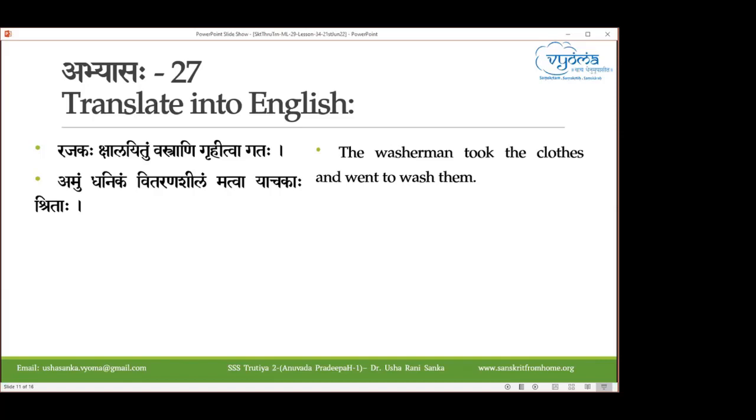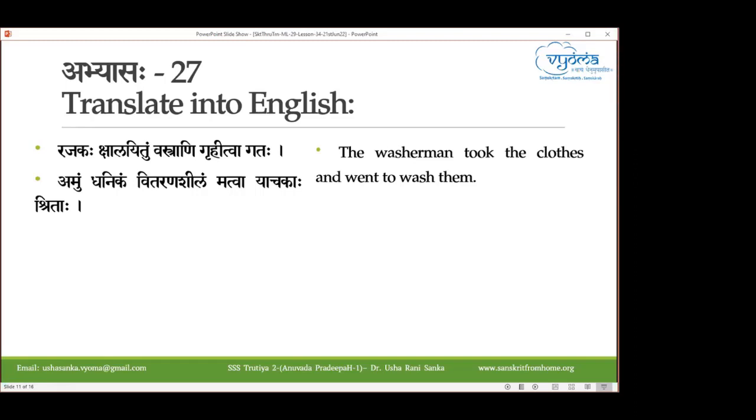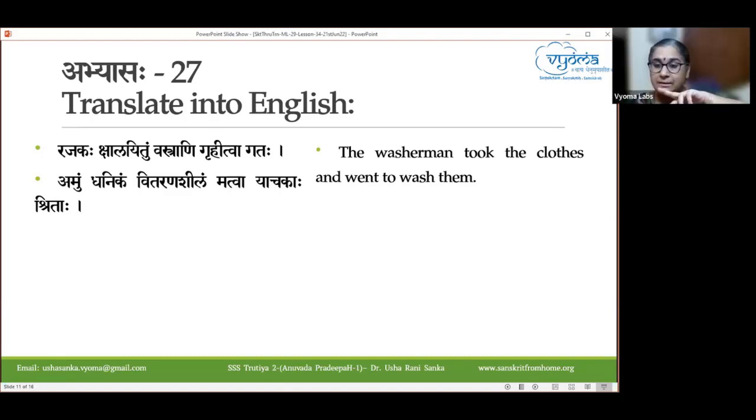No, I'm still not able to form it in a sentence. So having thought, dhanikam vidaranashilam yachakaha shritaha. Or we'll supply in English: having thought that the yachaka thought what? That this... Please complete.